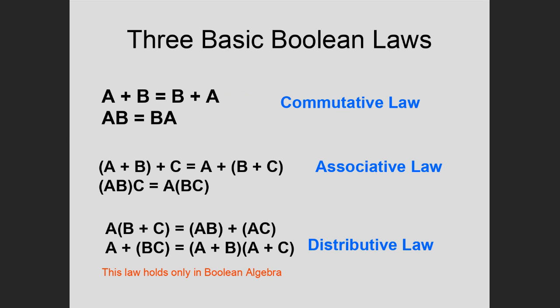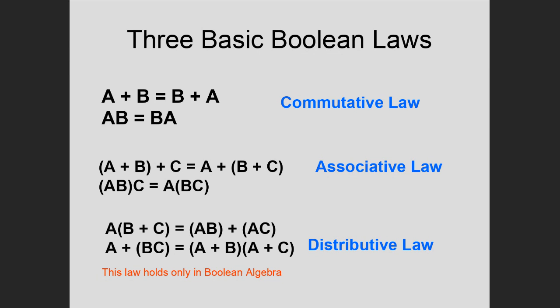Now, there's these laws. Well, there's laws and there's rules. So these are the three basic Boolean laws. So just like in regular arithmetic, you have the commutative property. So multiplication and addition are commutative, which means you can move the numbers around when you multiply or add, and it doesn't change the outcome, the answer.